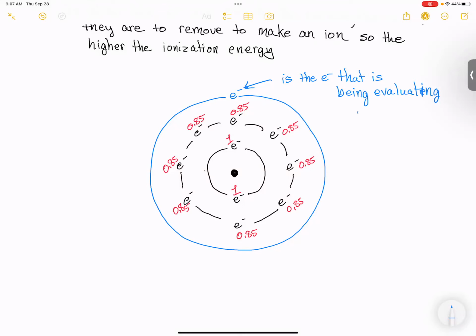So this has no impact on itself, and that's why we don't take it into account. Does that answer your question?